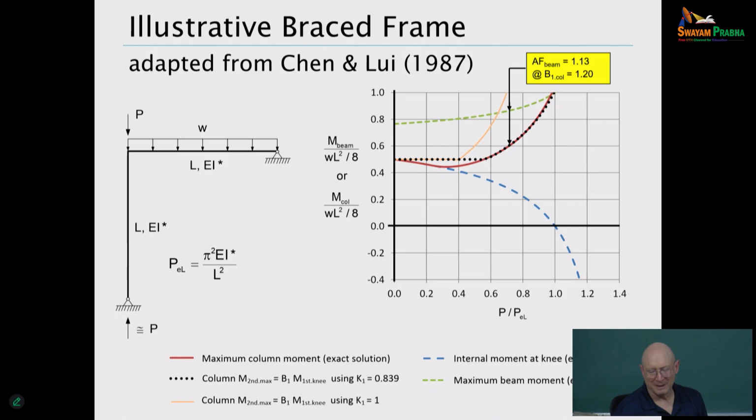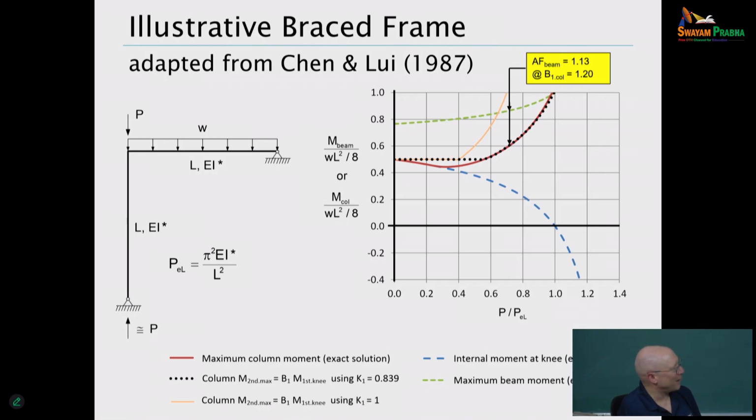But the real second order moment is actually less. And then once we get higher P over PL, wow, that's amazing. The B1 approximation is very good for this example. I picked a good example.